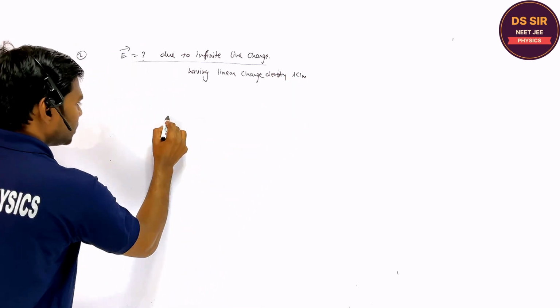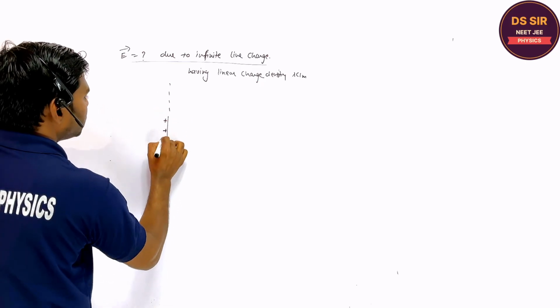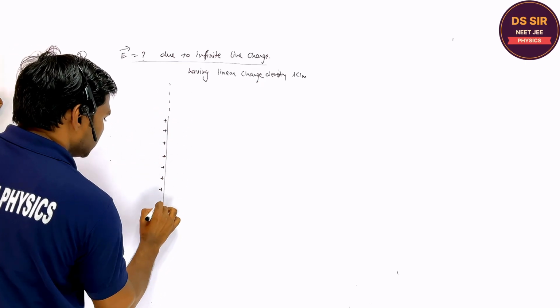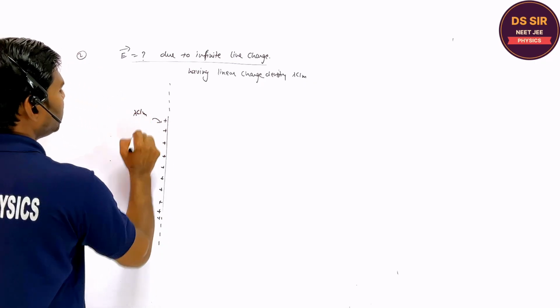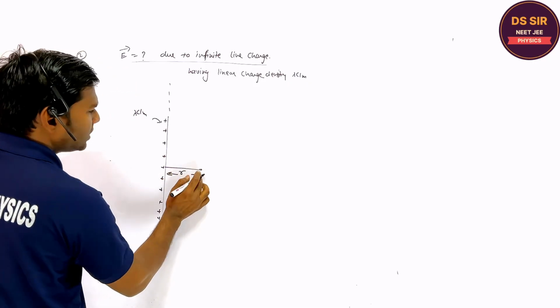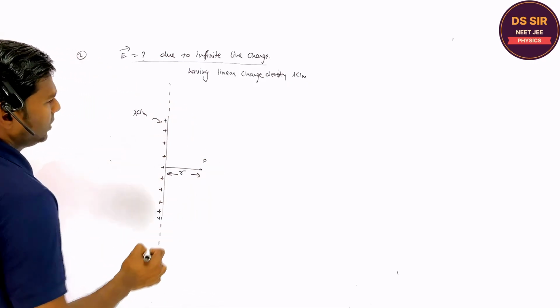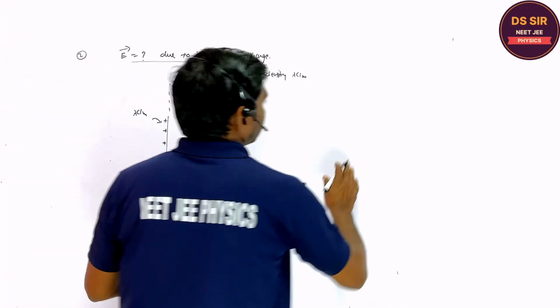Suppose this is the infinite line charge, like this, and you want to find the electric field at distance r from it at this point. This is the question. Copy this first.